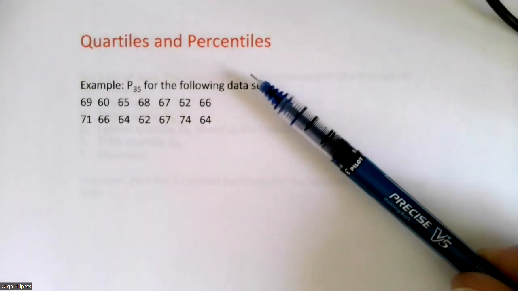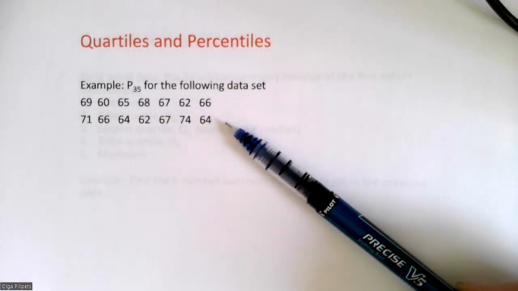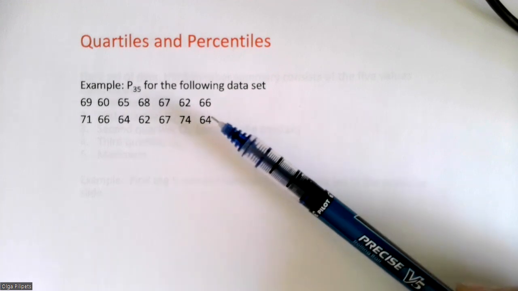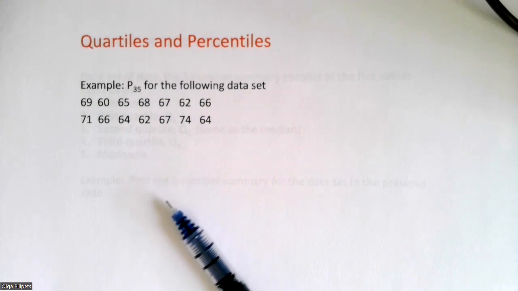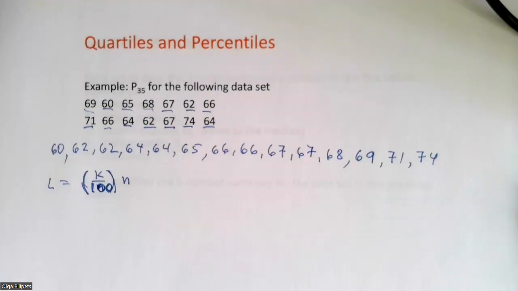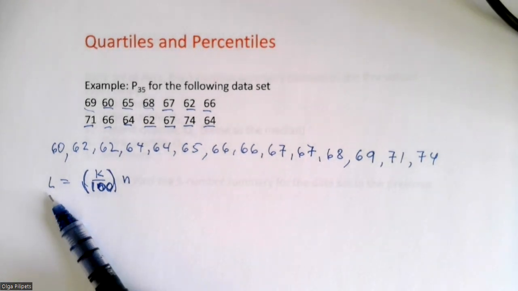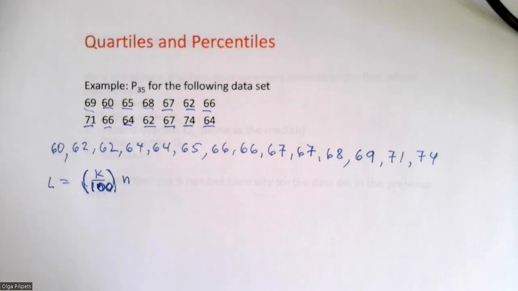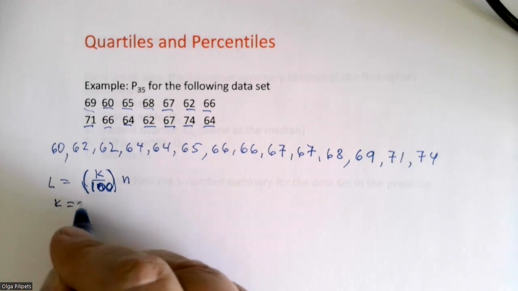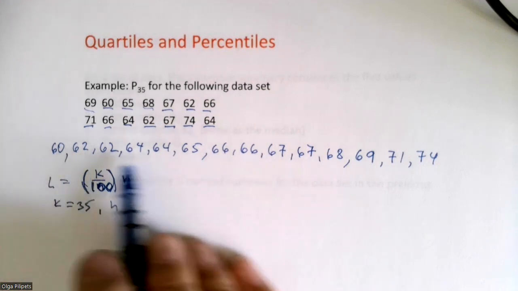Okay, so here we're asked to find the 35th percentile for this data set. So our first step would be to arrange this data set from smallest to largest. So I'm done with that. Then I need to find the location of my 35th percentile. So K here equals 35. I'm going to substitute it, and N, by the way, equals 14.